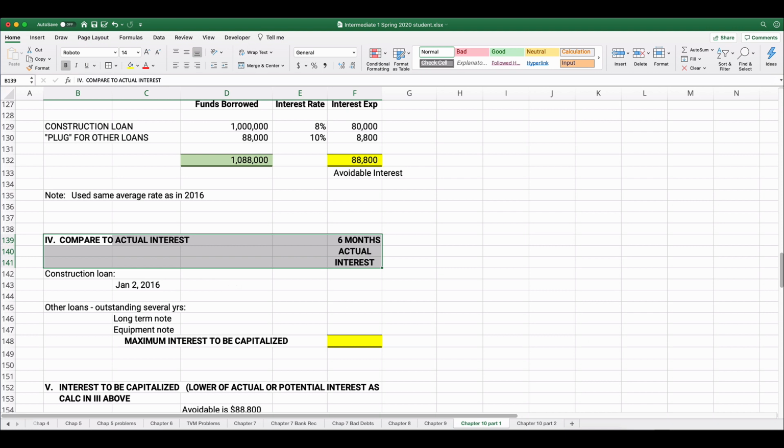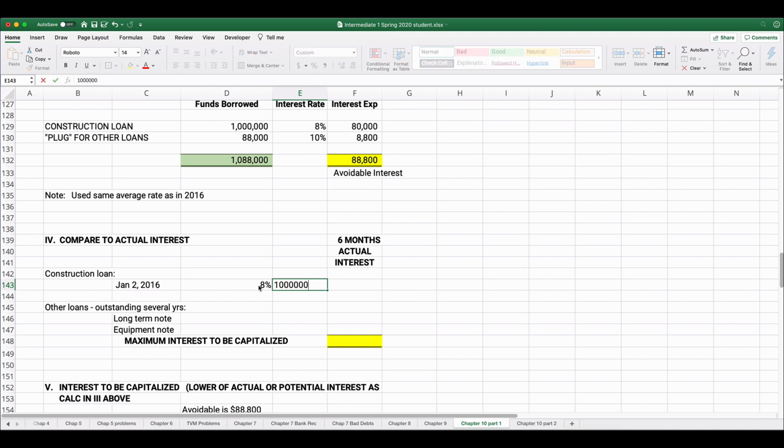We've got the construction loan. We're going to calculate the 8% times the 1 million. So 8% times the 1 million is going to be the 80,000. We know that. Now, got to be careful. It's only 6 months of interest.